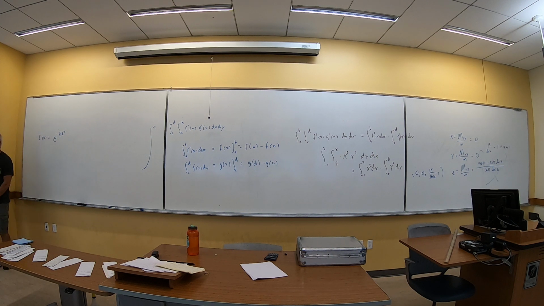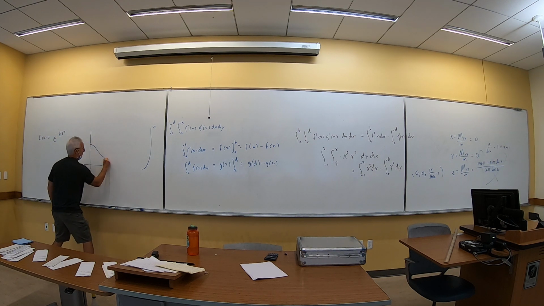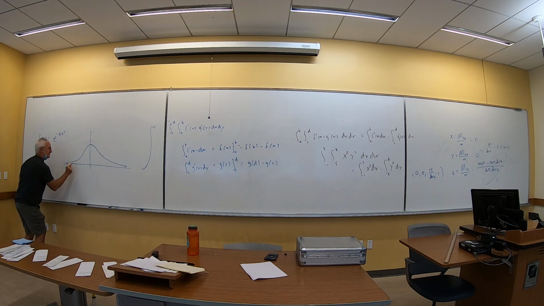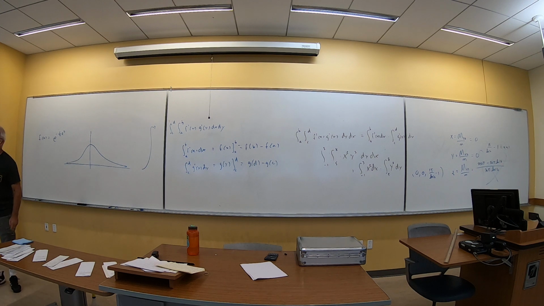I start with this function. Looks like this. The x-axis is an asymptote. This is defined from negative infinity to positive infinity. But it turns out the area under this curve is actually finite.